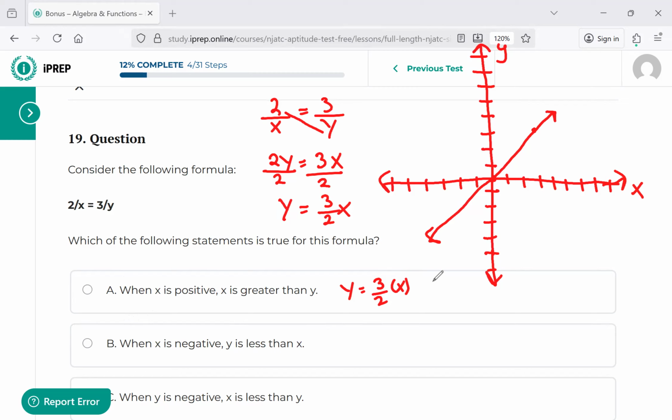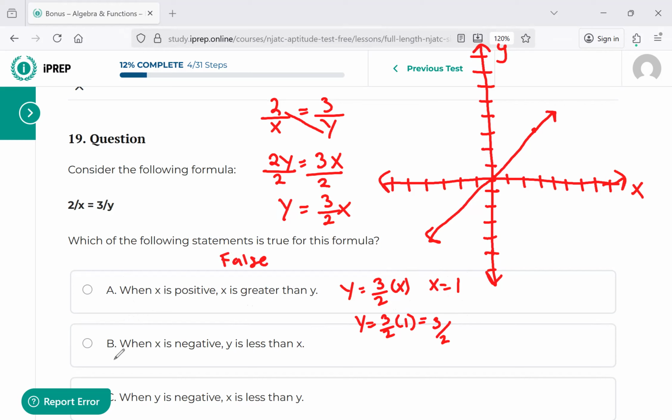So let's try x equals 1. So y equals 3 halves times 1, which is 3 halves. So when x is positive, x is greater? Not in this case. x is 1 and our y is 3 halves. So that's false, right? That's false.